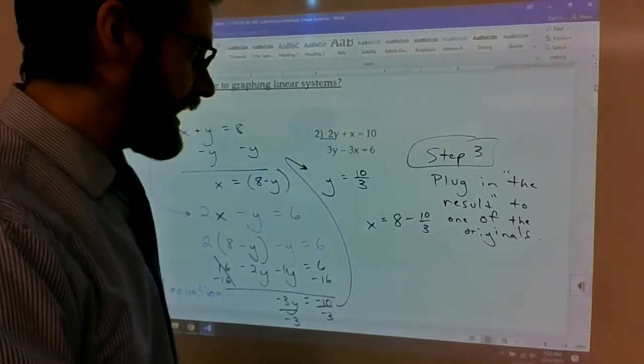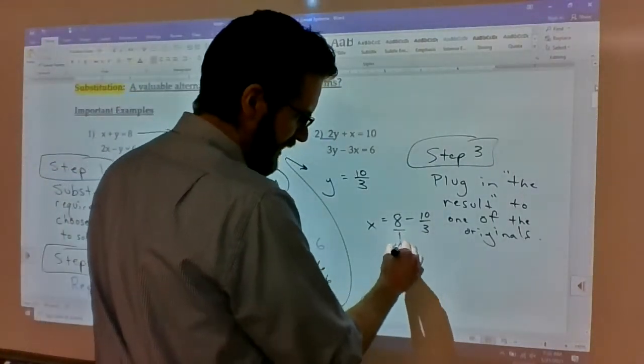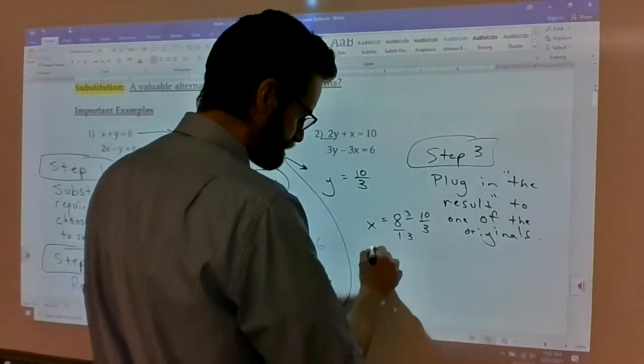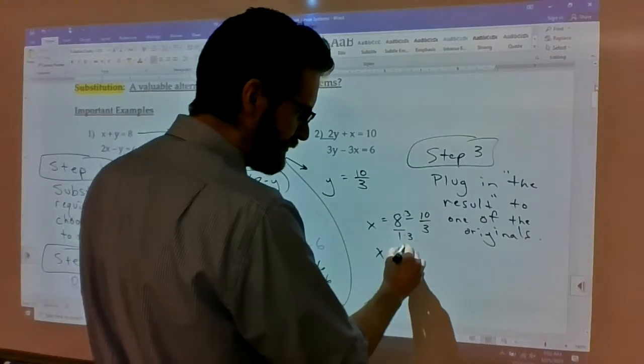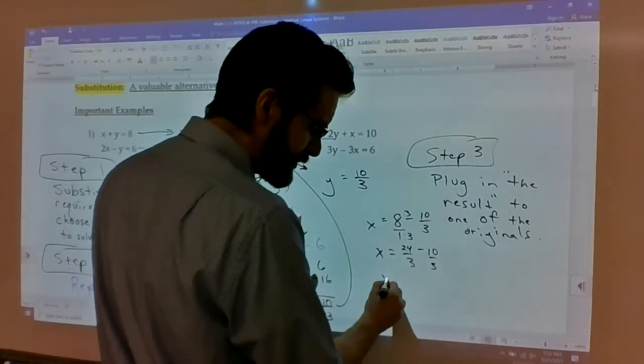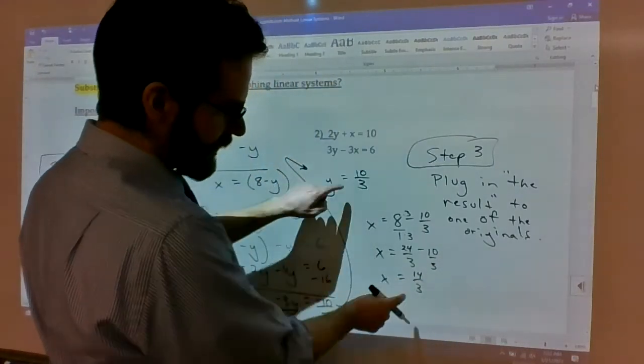Okay. Now, you guys, again, you can use a calculator on this. I'm going to use it the old-fashioned way, finding common denominators. So that's going to be 24/3 minus 10/3, which is 14/3. Okay, we've got our answer.